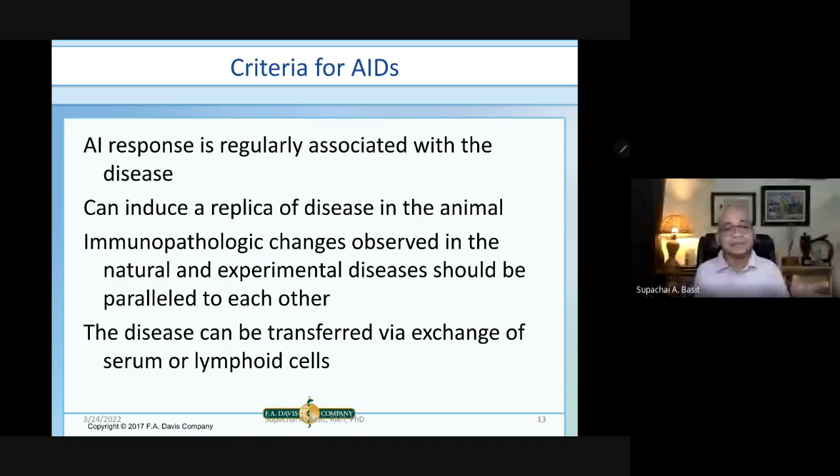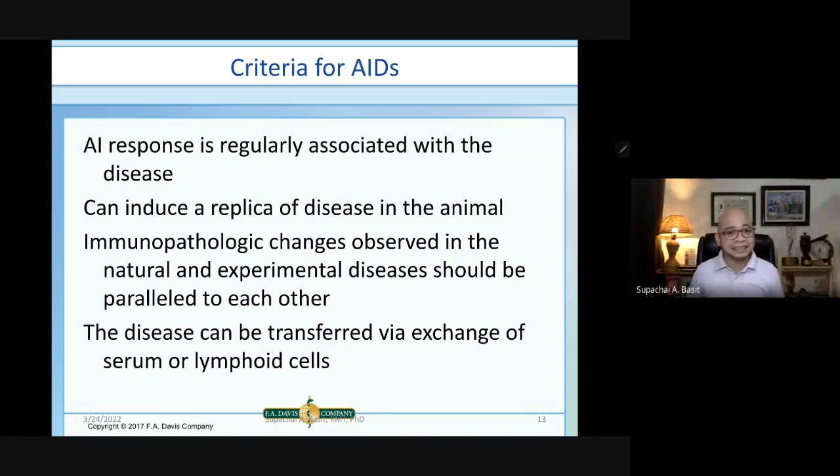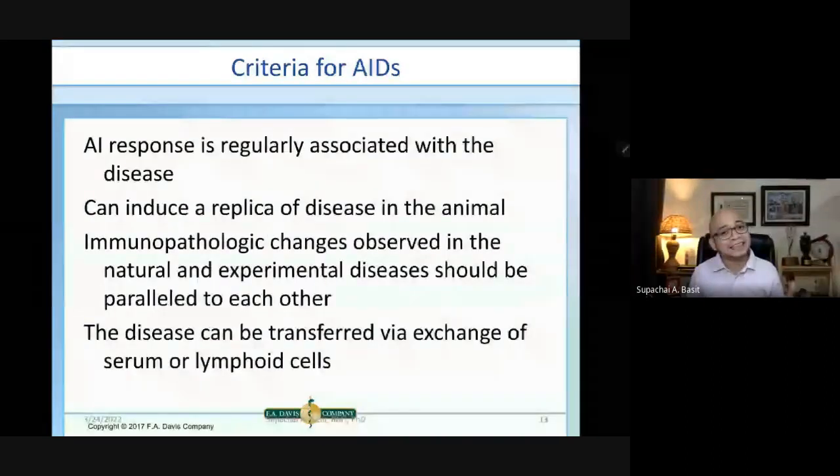Meaning, if you replicate it in the animal, you will be able to observe the same immunopathologic changes. The disease can be transferred via exchange of serum or lymphoid cells.